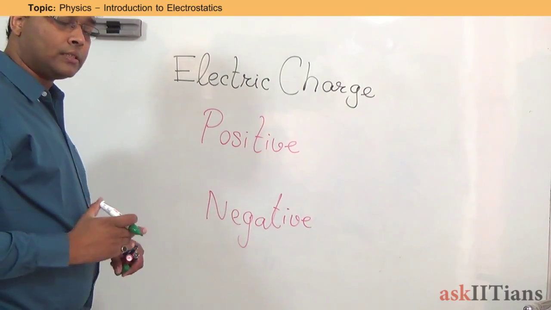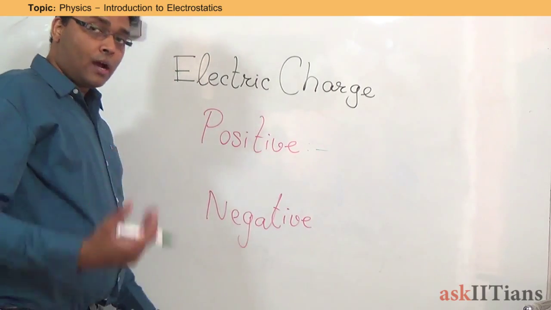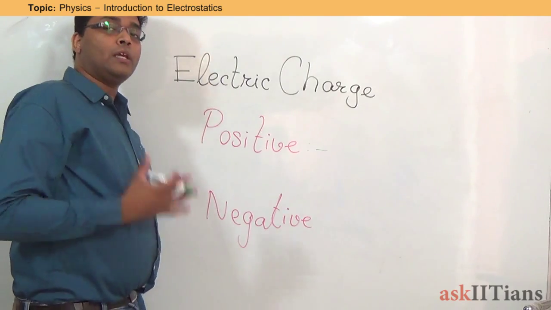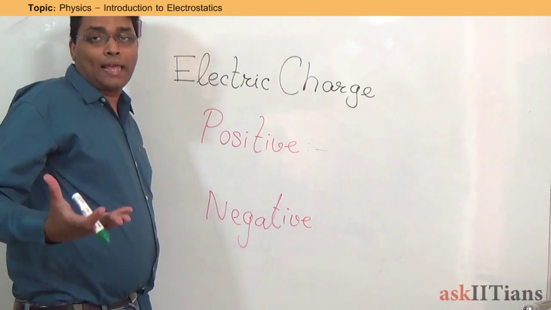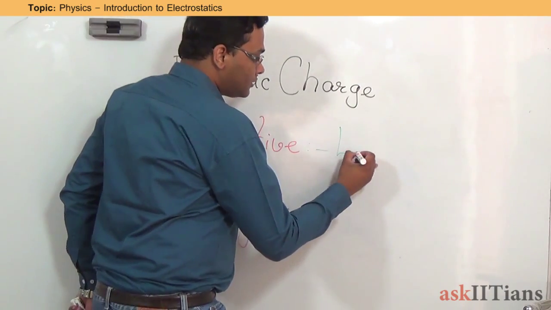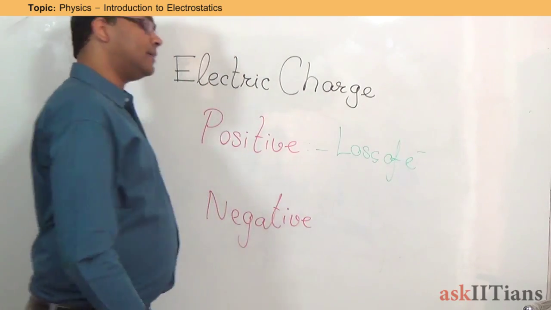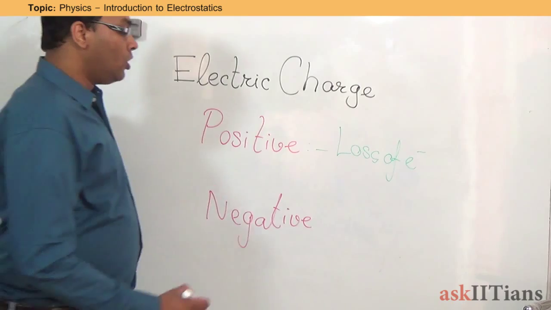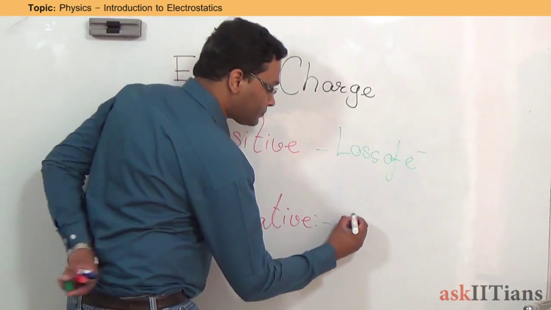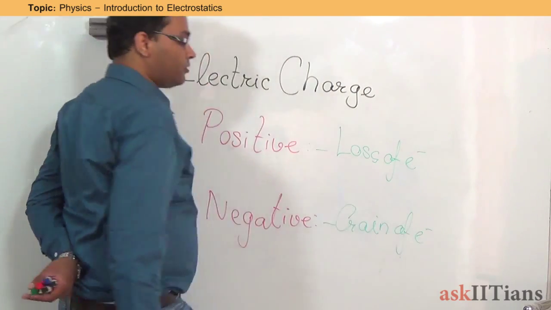So what is the difference? How do we come to this? What exactly is it? The positive charge is going to be produced from an atom. Basically, if you remove electrons from an atom, it is going to become positively charged. So loss of electrons results in a positive charge, whereas a negative charge is going to be produced by a gain of electrons.